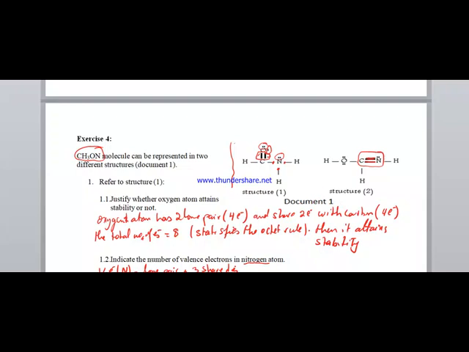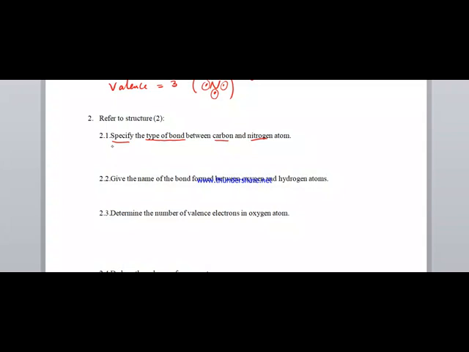Carbon shares 2 electrons with the nitrogen atom. So the type of bond is a double covalent bond due to the sharing of two pairs of electrons between carbon and nitrogen.